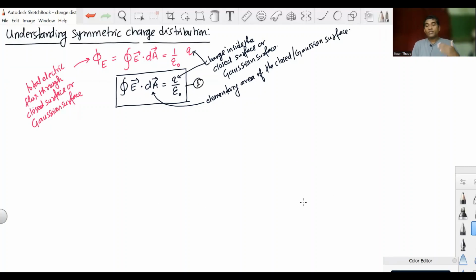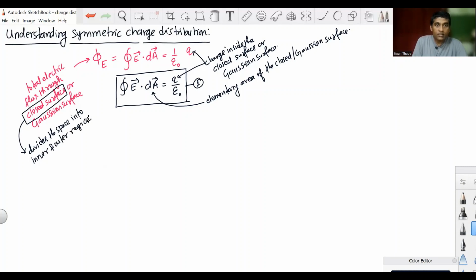Now we need to understand what is closed surface. So the closed surface divides the space into inner and outer region, and we cannot move from one region to another region.